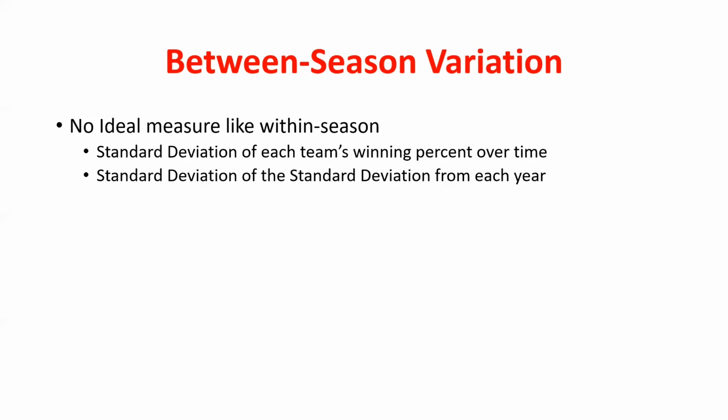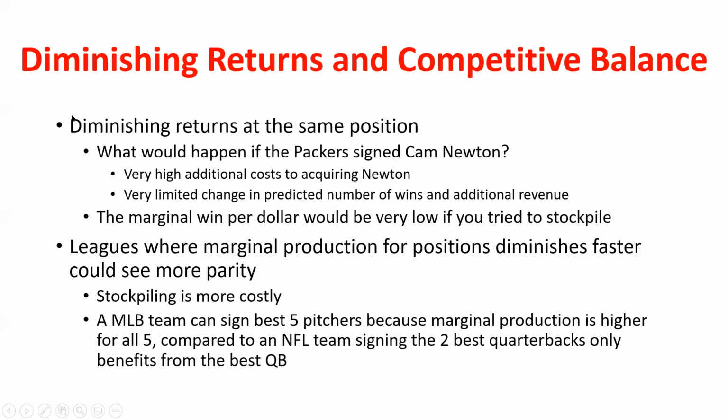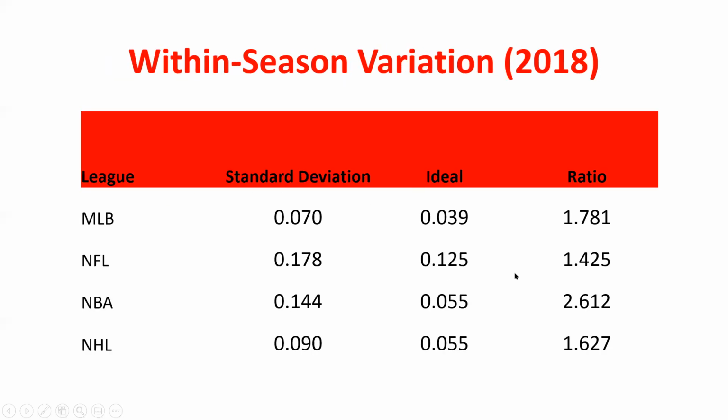So one thing that we could do is look at standard deviation or variance measures of one specific team over time, right? Or we could look at the variation that exists in those standard deviations or those ratios year after year. So you can imagine if I go back and for the NFL, I calculate what their ratio is for the last 20 years.